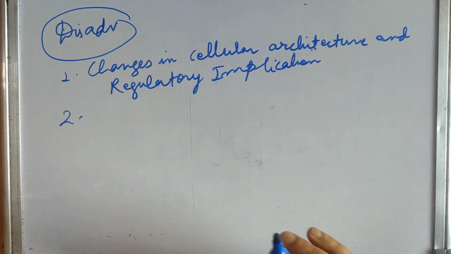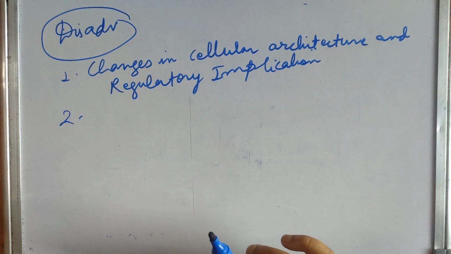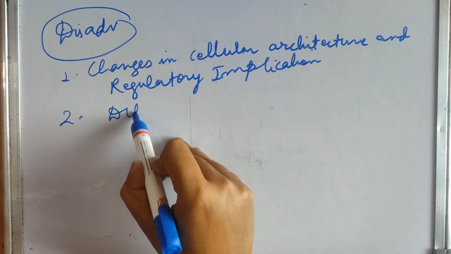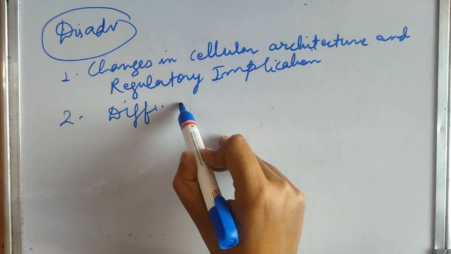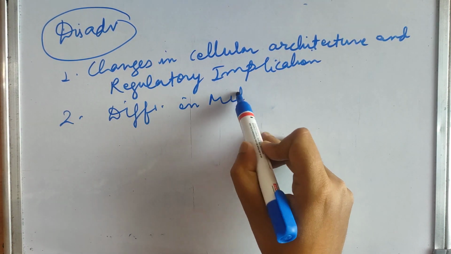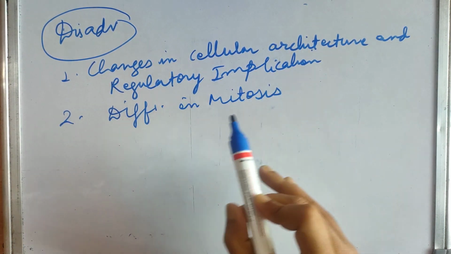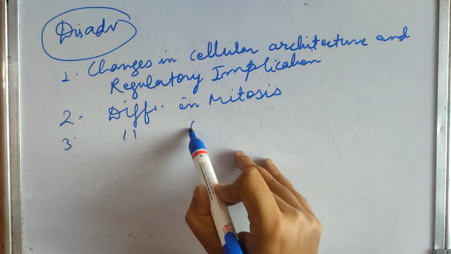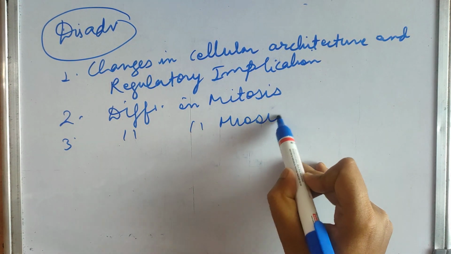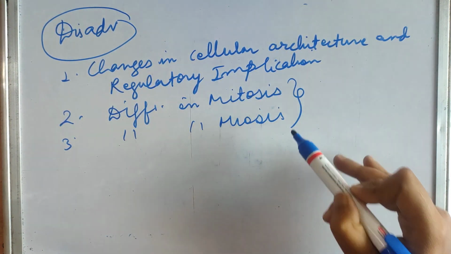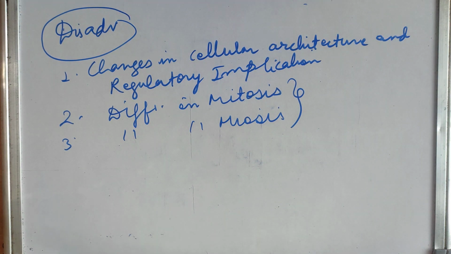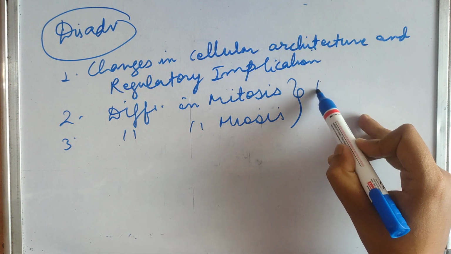We often see difficulties in mitosis. We also see difficulties in meiosis, and because of these two difficulties, it leads to aneuploid gametes.